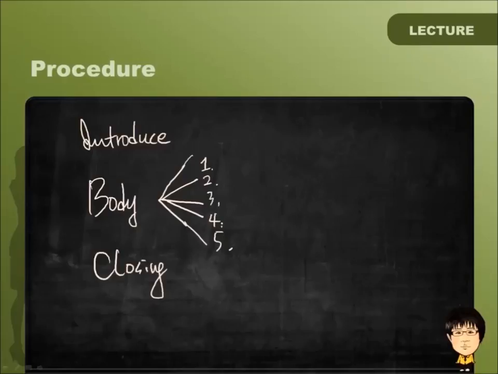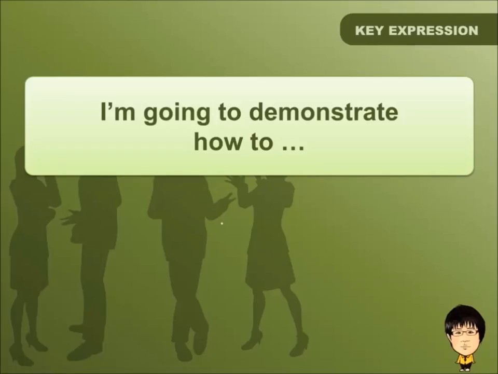Okay? So, you can see some expressions. Firstly, in the introduction part, you should introduce the topic for your demonstrative presentation. Okay? So you should say, I'm going to demonstrate how to do something.